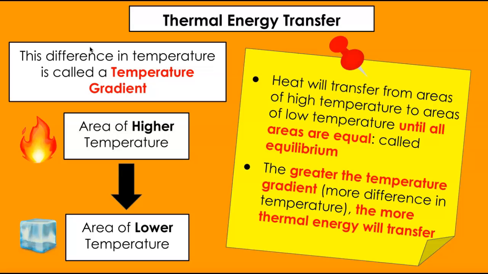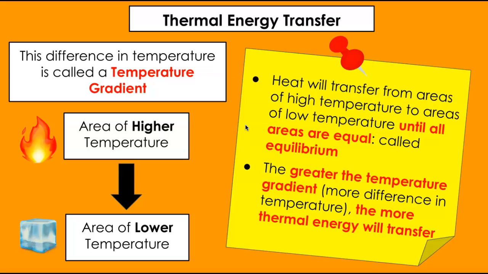Now, we can start to think about why heat moves in this direction. We know that heat is going to move from where the temperature is very high to where the temperature is very low. And here's the reason for this. We know that what the heat wants to do is reach a state called equilibrium. This means that it wants both of those areas to be equal in temperature.